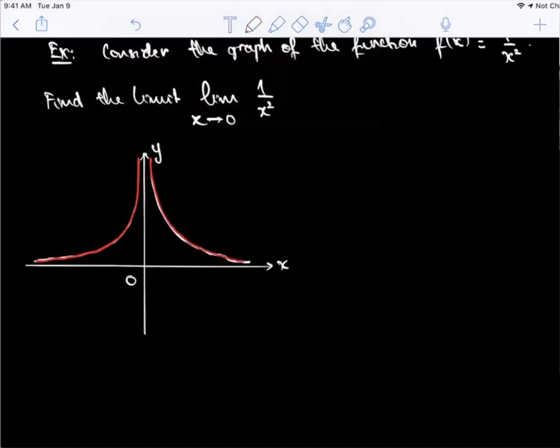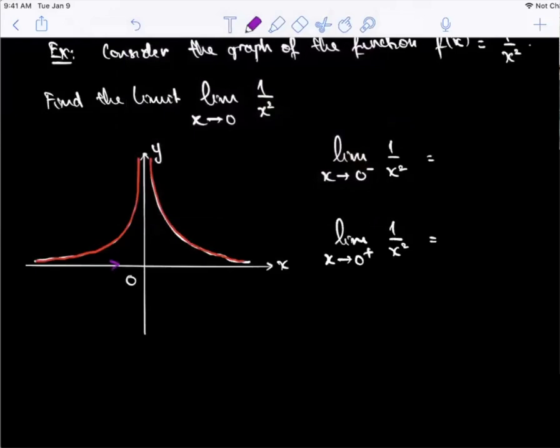As you can see, the y-axis, which is x equal to 0, is the vertical asymptote. What about the limit of the function as x approaches 0 from the left? What is the limit as x approaches 0 from the right? Right. So as x approaches 0 from the left, the function is going up like this, so the function will approach positive infinity.